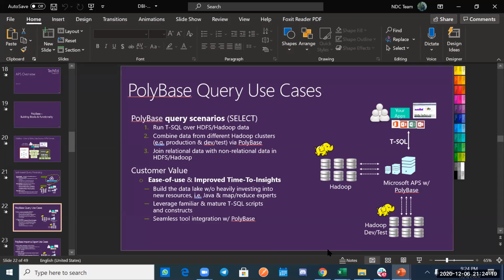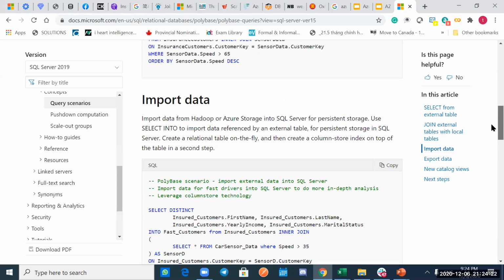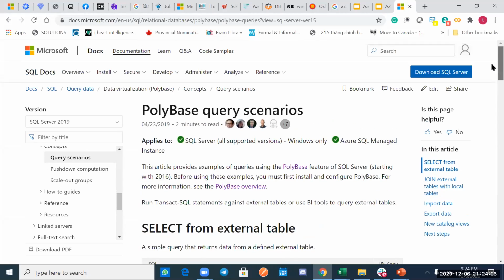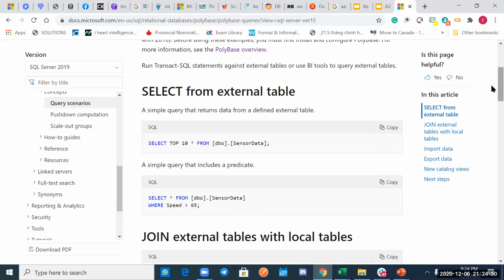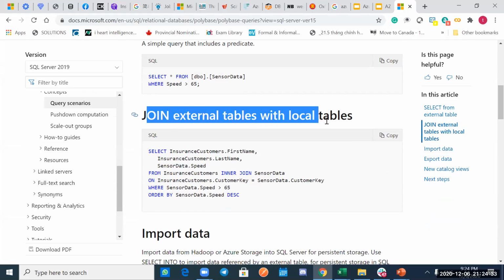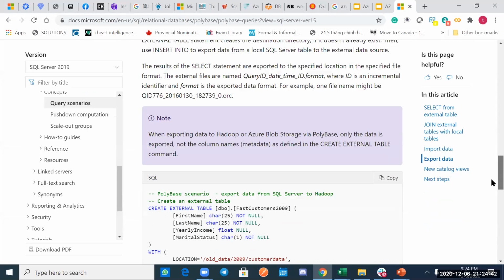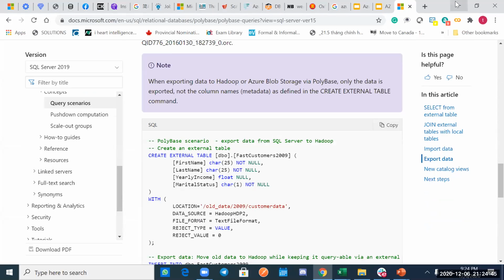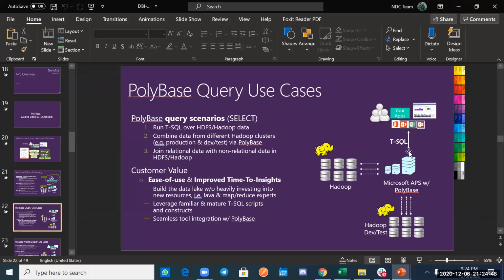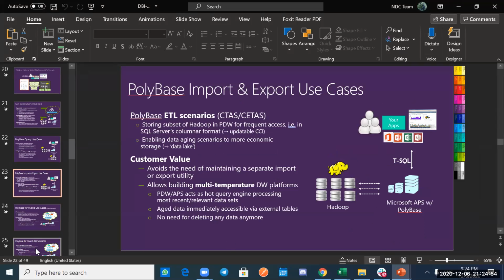But if you just want to learn the fundamentals for the exam, you can go back here and see some of the applied Polybase scenarios, like how you select, how you join, and how to join an external table with local tables. Everything here is fundamental SQL, like importing data and exporting data. If you want to go in depth and see how it connects to different data sources, you can see more here. And I'll post this material on our GitHub study group so that you can see more on this.